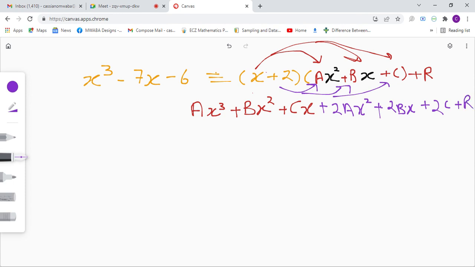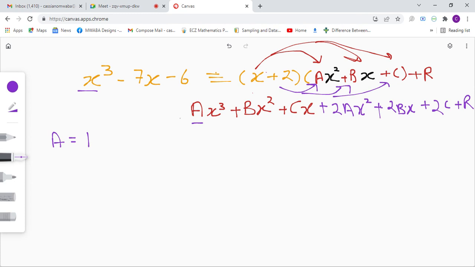All right, now we can equate the coefficients on the left-hand side with the ones on the right-hand side. We start with the coefficient of x cubed: on the left-hand side it is 1, and on the right-hand side it is a. So a equals 1. Then we look at the coefficients for x squared.